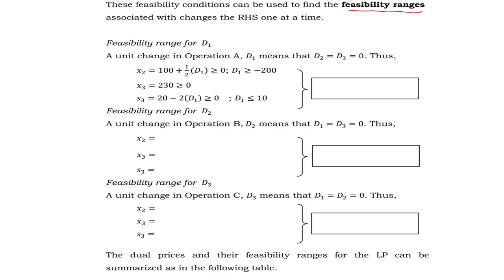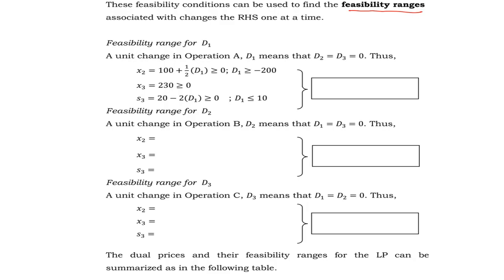So D1 meaning that D2 equals D3 equals 0. Thus, x2 equals 100 plus 1/2 D1 greater than or equal to 0. So D1 is greater than or equal to negative 200.